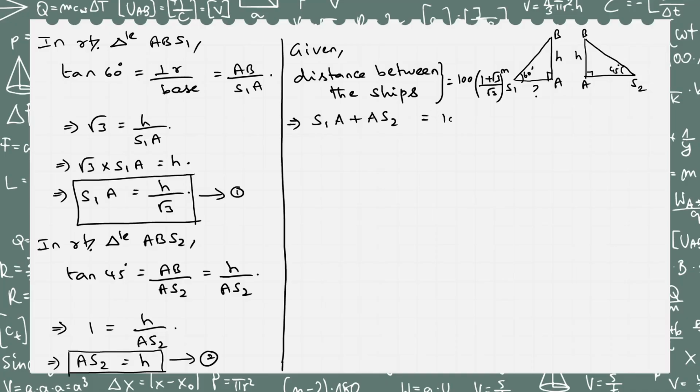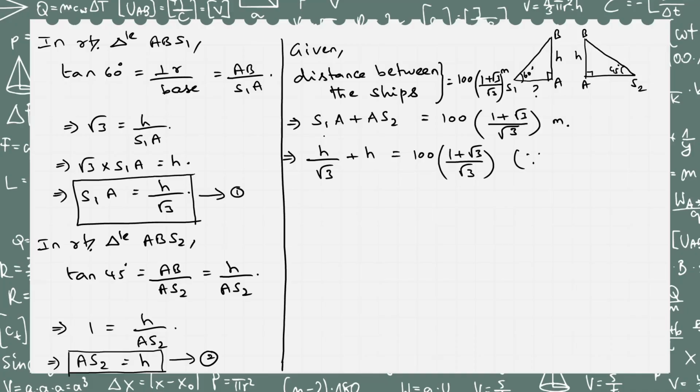This is equal to 100 into (1 plus root 3) divided by root 3 meters. What is our S1A? That is nothing but h by root 3, and AS2 is nothing but h, right? So this is equal to 100 into (1 plus root 3) divided by root 3.